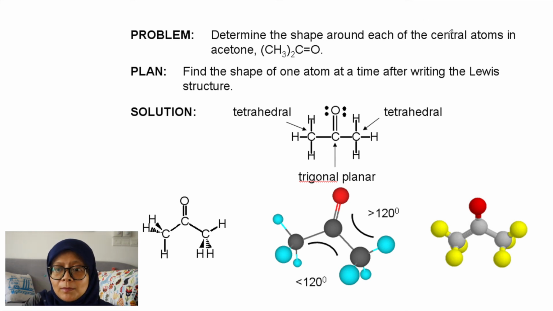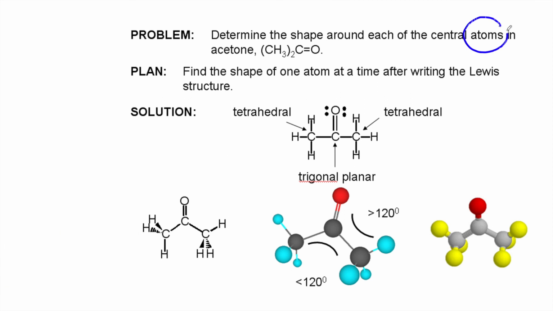In this problem, we have more than one central atom: carbon 1, carbon 2 and carbon 3. For carbon 1 and carbon 3, we have the tetrahedral geometry. Why? Because we have AX4 with no lone pair. For carbon 2, the shape is trigonal planar.